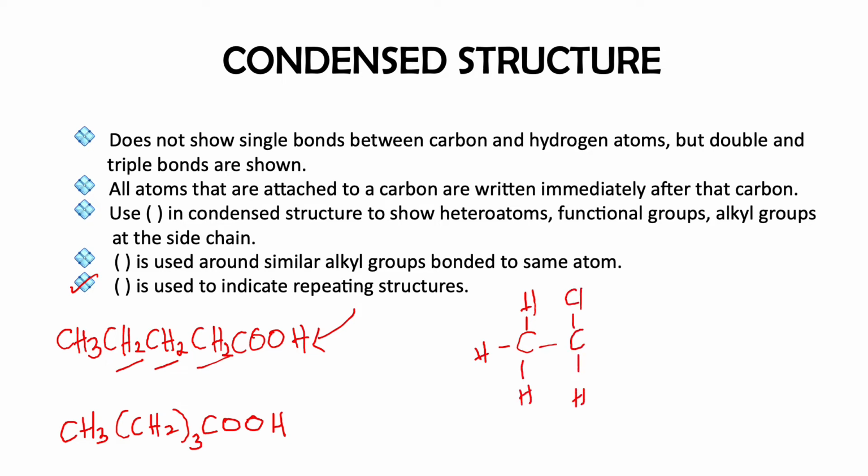CCl H C H H H. So ni kita nak buat dia punya condense, kita buat CH3 CH dalam kurungan Cl. Yang ni untuk fulfill this one. Use the kurungan to show the alkyl group, functional group. Macam ni. And then continue with CH3. So this is condensed structure.